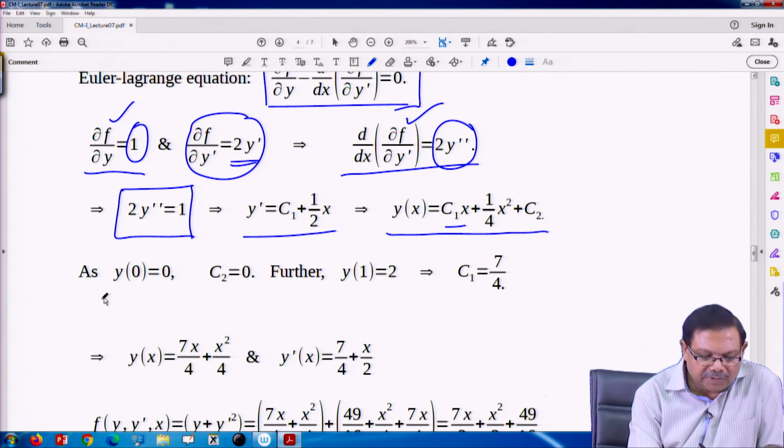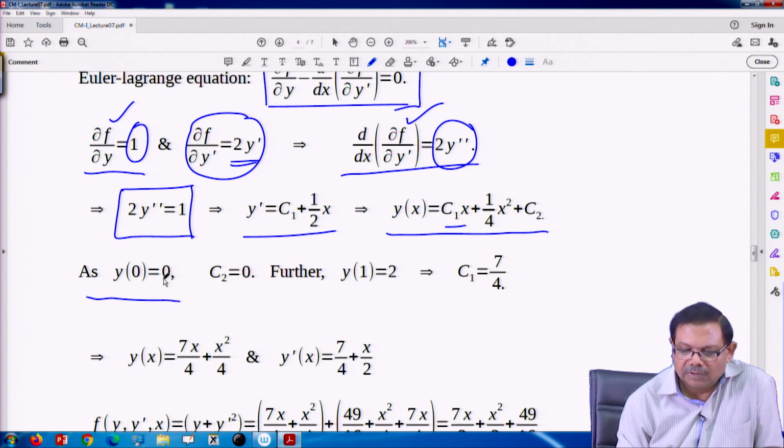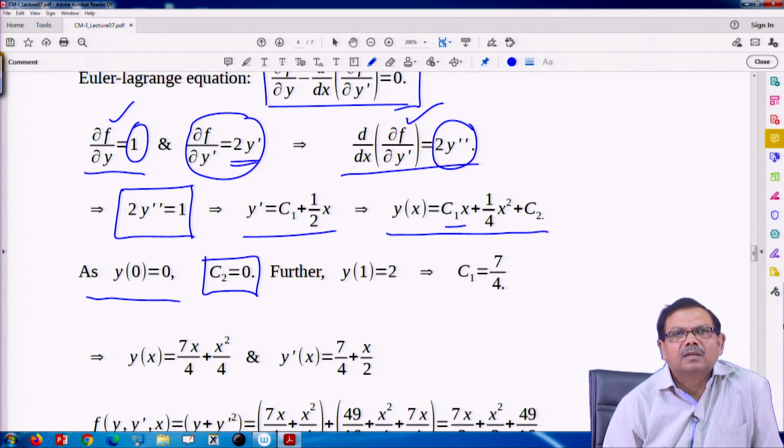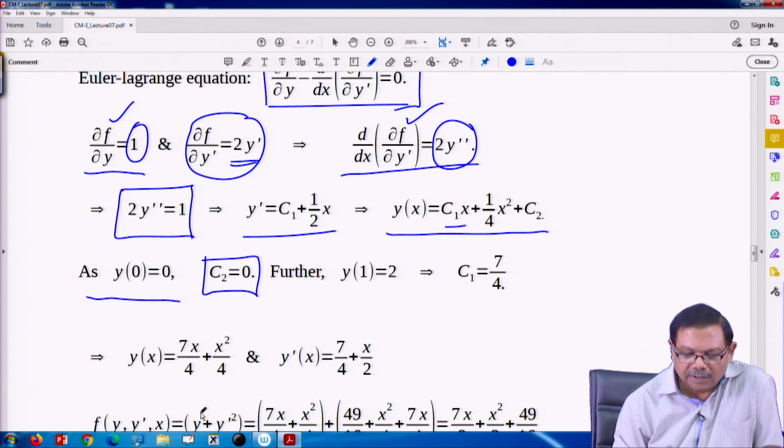The initial condition given was y at x equal to 0 is 0. So, as soon as I put x equal to 0, these two terms go away, and y is also 0. So, C 2 must be 0. And the second condition is y at x equal to 1 is 2.